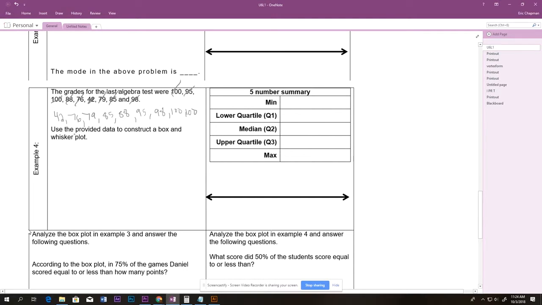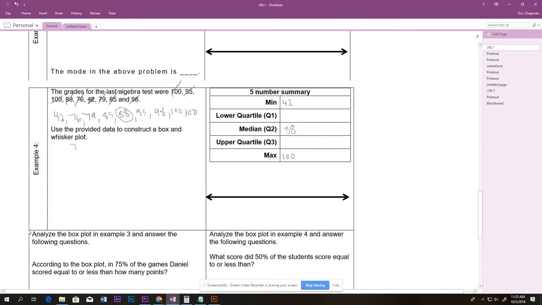Okay, so we're going to find our min, which is 42, and our max, which is 100. Now we're going to find our median. The number in the middle is, let's see, 1, 2, 3, 4 on each side, which is 88.